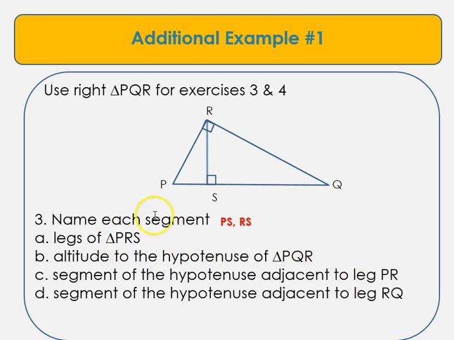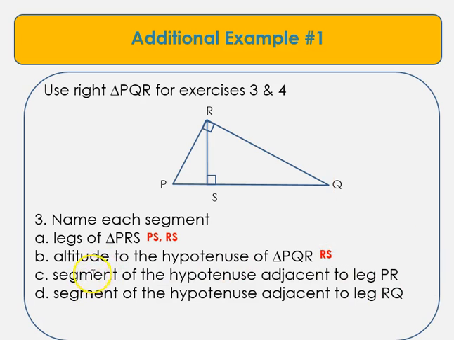Now we want the legs of PRS. I'm sorry, that was the answer to that. Now we want the altitude to the hypotenuse of PQR. So hypotenuse of triangle PQR is PQ. We want the altitude to this hypotenuse, and that is this line right here, and that is RS.